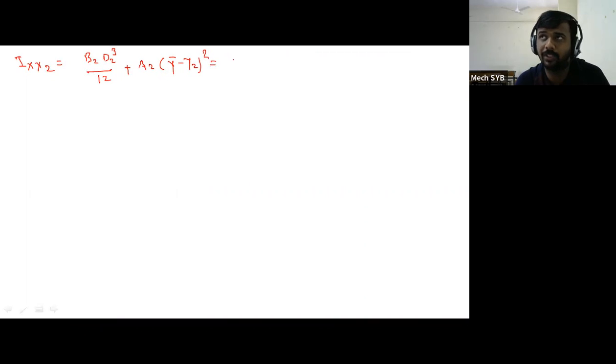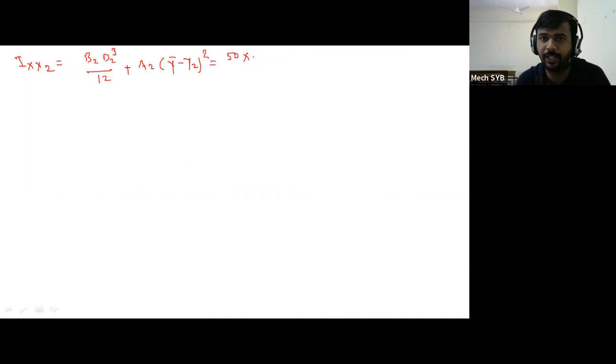Okay, now Ixx2. Ixx2 is equal to B2 D2 cube divided by 12 plus A2 in bracket y bar minus y2 bracket square. So value of B2 for the section 2, 50.